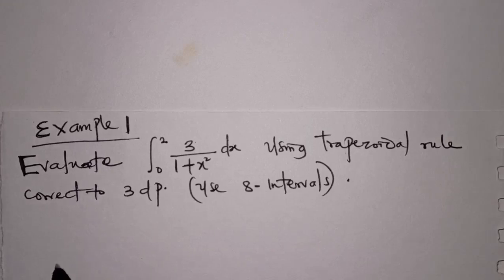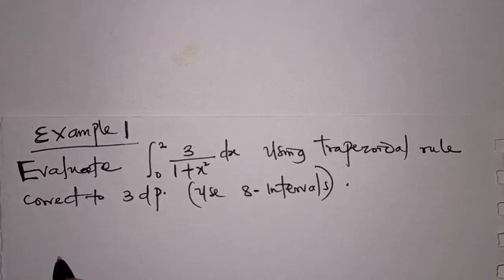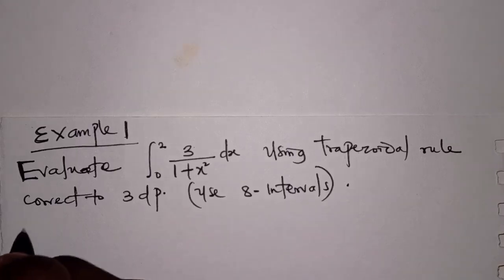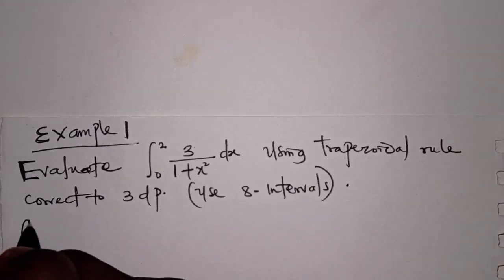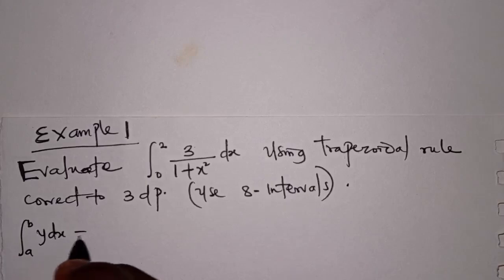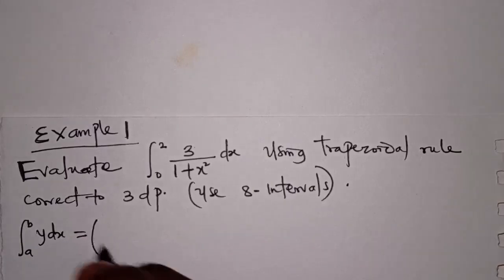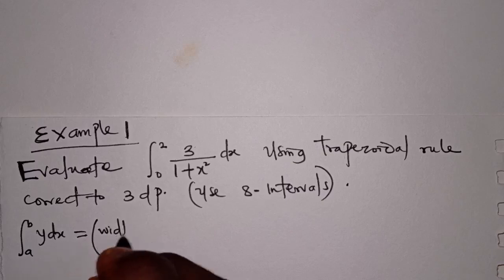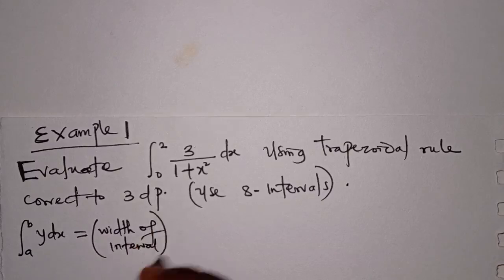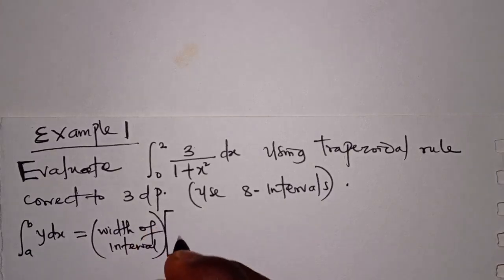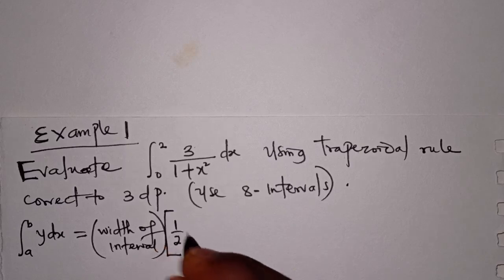Okay, first of all, let's rewrite that rule again. The integral from a to b of y dx is equal to the width of the sub-intervals into 1/2 of what?